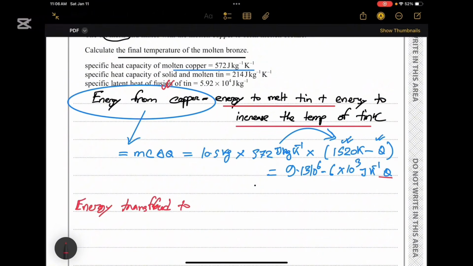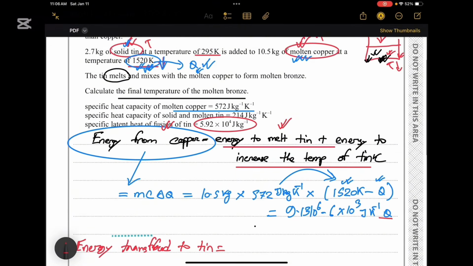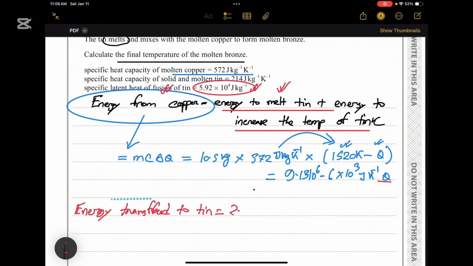Energy transferred to tin is equal to the energy which has been used to melt the tin, which uses the latent heat of fusion. So we will take the mass 2.7 into LF, so 2.7 into 5.92 into 10 to the power 4 joule per kg, and here we have to write the kg as well.